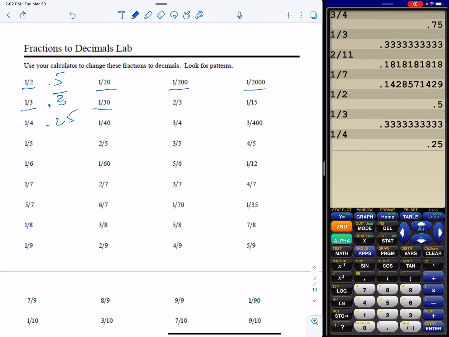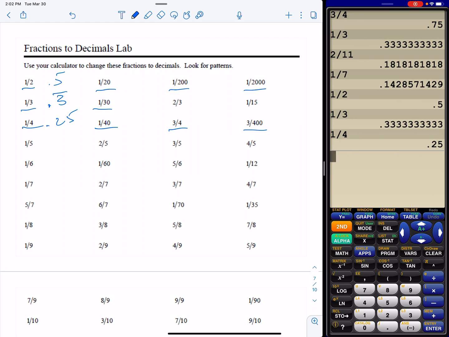Again, I added that zero to the end of the denominator. What's that going to do to my decimal value? Then 1/4, 1/40th, 3/4, 3/400ths. What are some of those patterns? That's what I want you to try to determine, and then I want you to write them down.